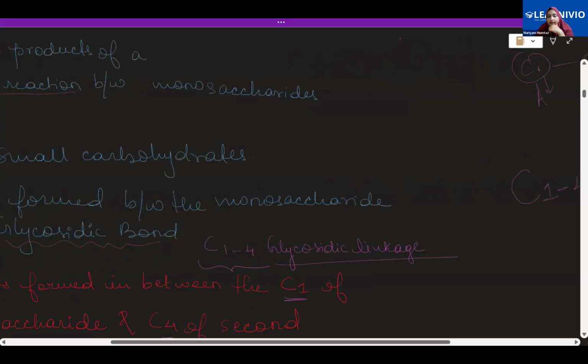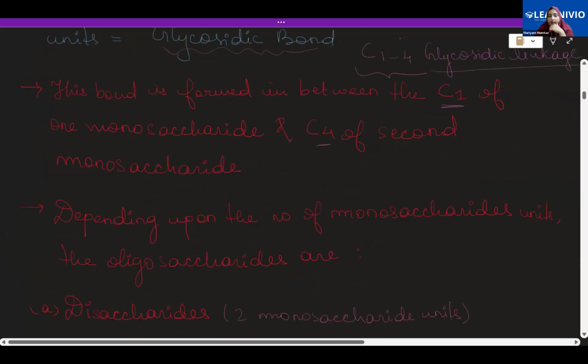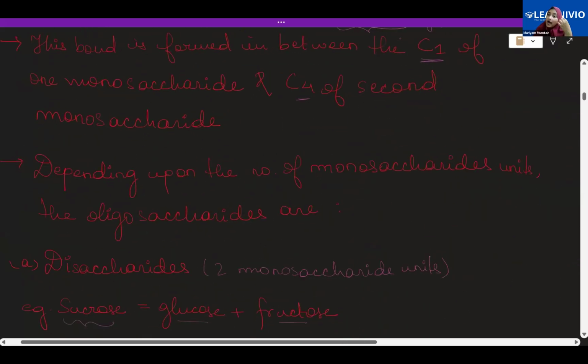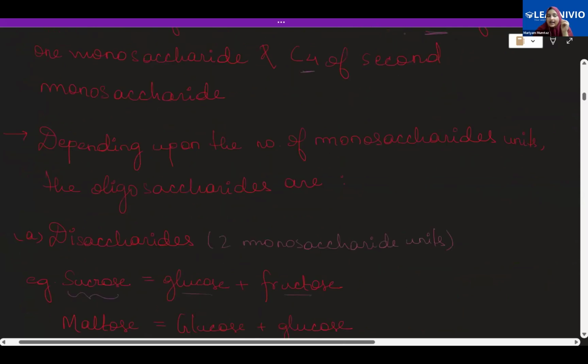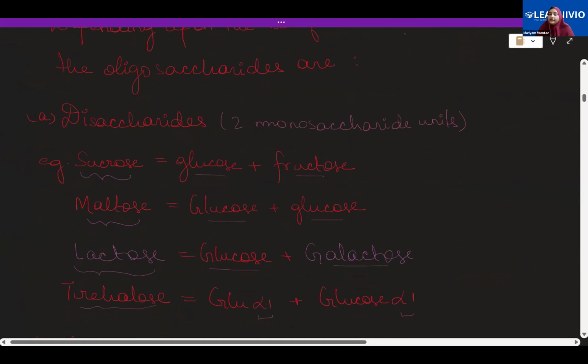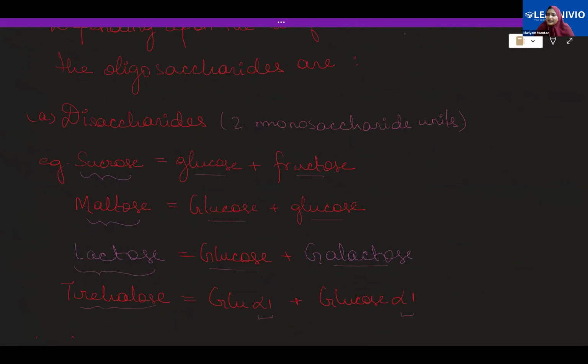Now furthermore, depending upon how many monosaccharides condensed to form the bond, we have different types of oligosaccharide. The first one is disaccharide. The name only tells you, di, bi, means two. When two monosaccharides come together and form the oligosaccharide, we call it a disaccharide, such as sucrose, which is made by the condensation of glucose and fructose.